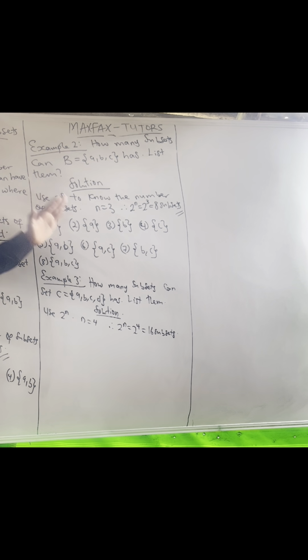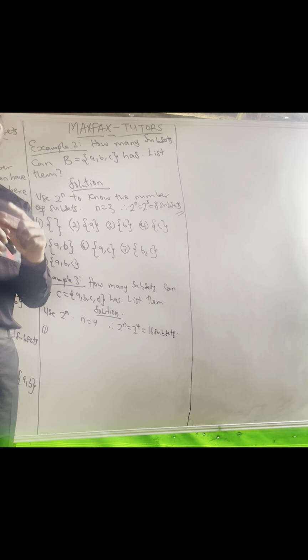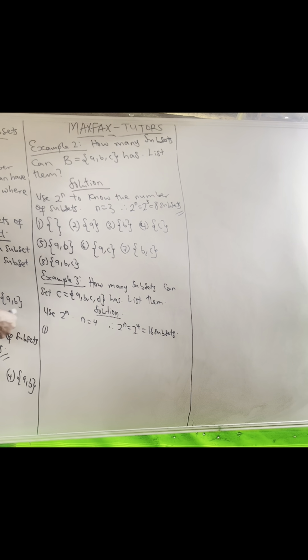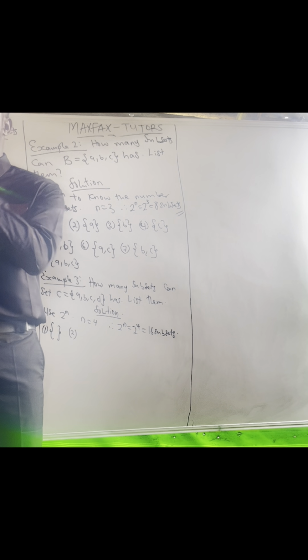So we have to list out the 16 subsets. Guys, let's do this together. Now, number 1. Guys, let me ask you a question. The first subset of all given sets is what? Empty set. So empty set. Number 2. Guys, after empty, the next thing you are going to be pairing is what? One element, each element.